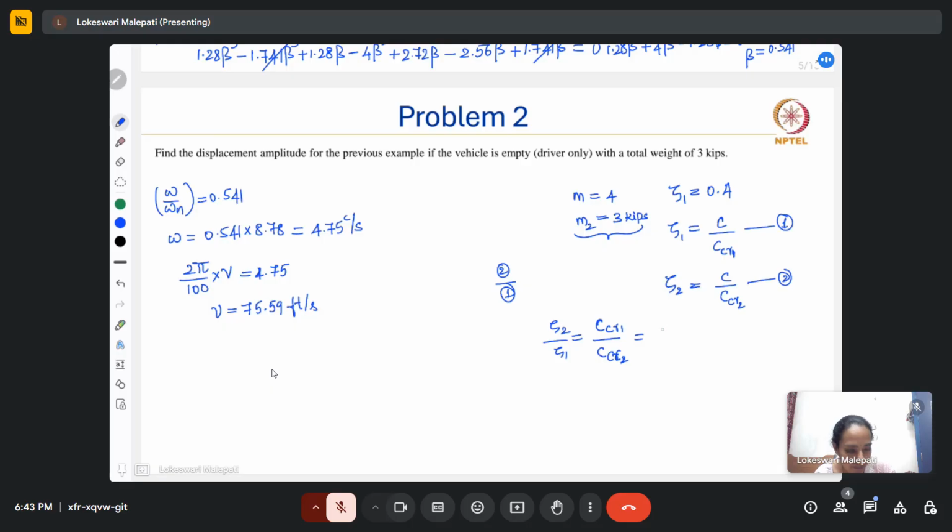So CCR is 2 square root of km. So that means we will have square root of m1 by m2. So now try to find out zeta 2 when only the vehicle is empty.